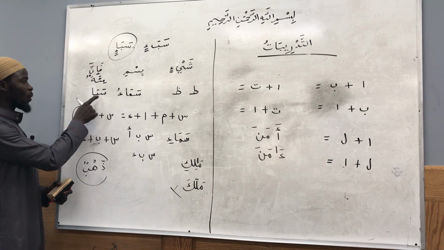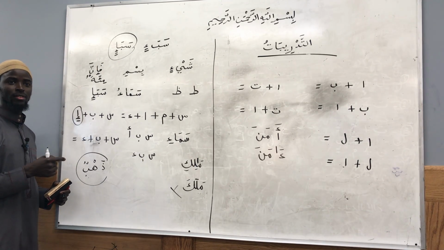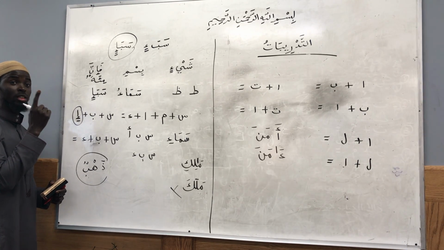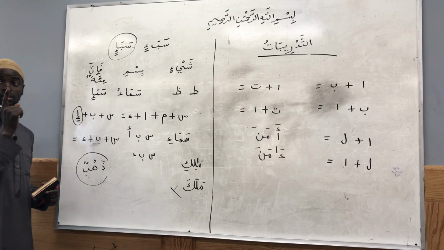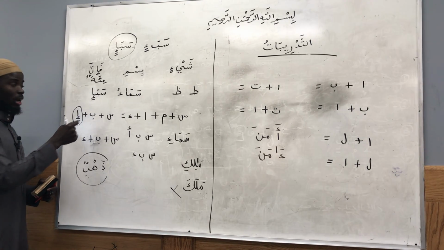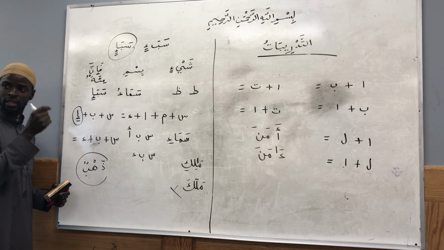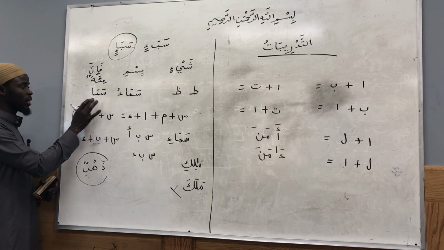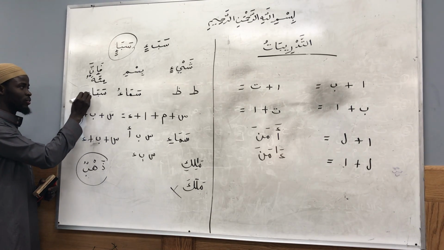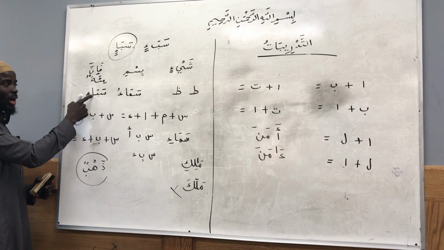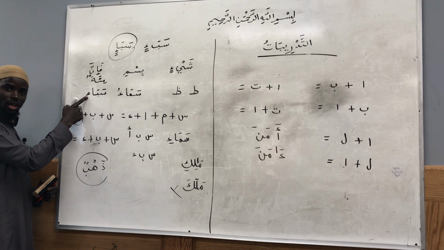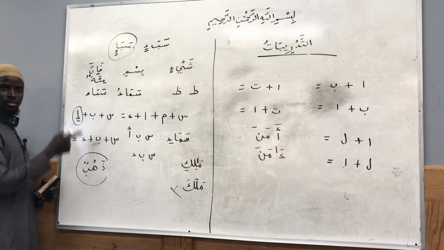Yes. Because if I want to make this ba mad, how am I going to read it? I'm going to read it saba'in. I'm not going to read it saba'in. If I read it saba'in, that means this one is going to be Alif. But if I'm going to read it saba'in, I'm going to take this Hamza and put it here, by itself. That means this Alif will be Alif to pronounce ba, and this one is going to be Hamza by itself.